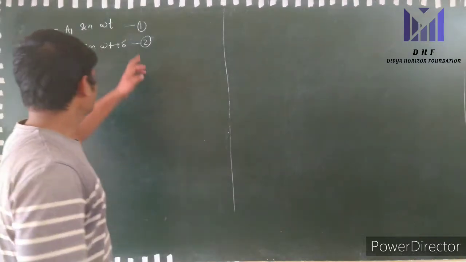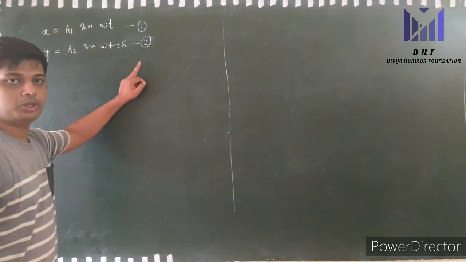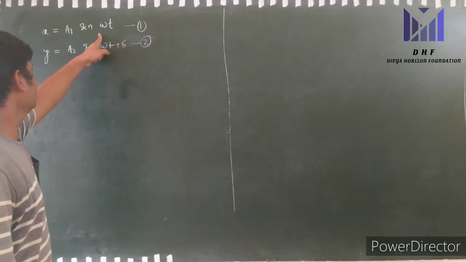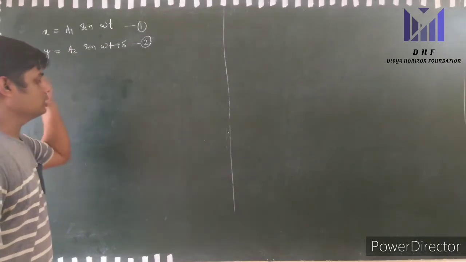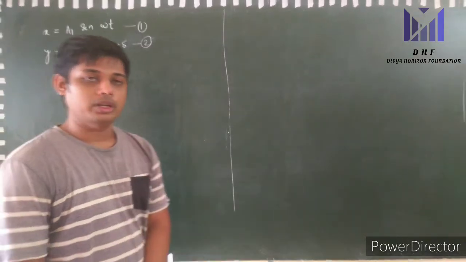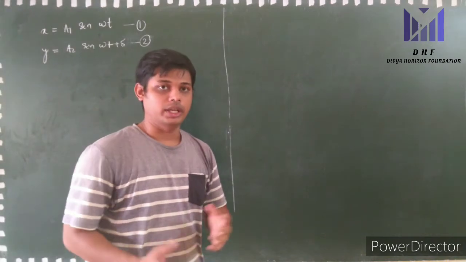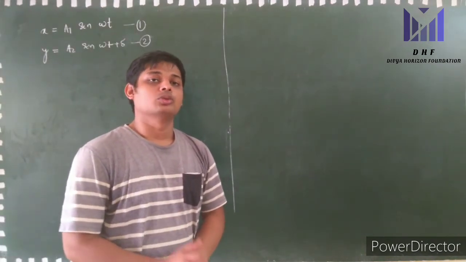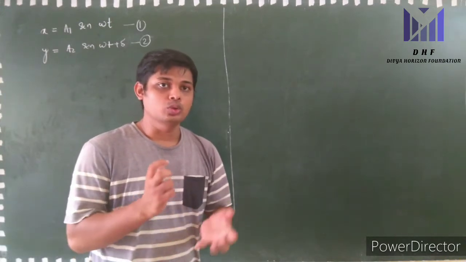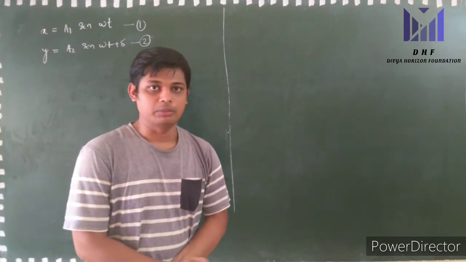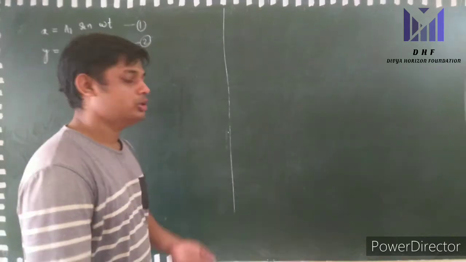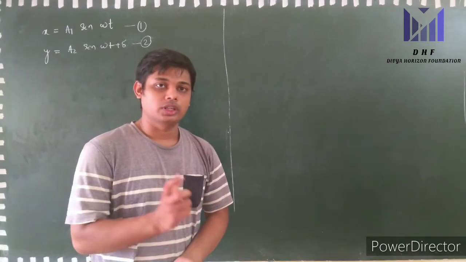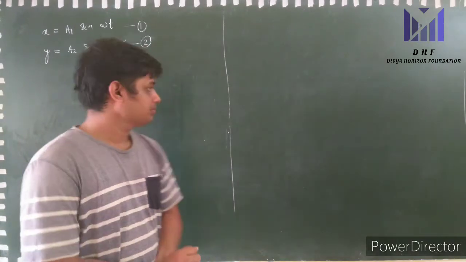So these are the two equations of simple harmonic motion: this motion is in the x direction and this motion is in the y direction. Our task is to derive the equation of motion that we get when the two motions are taken simultaneously, or to derive the relation between x and y.